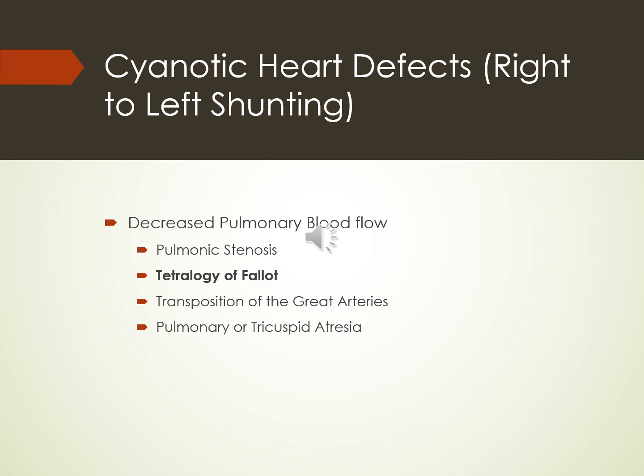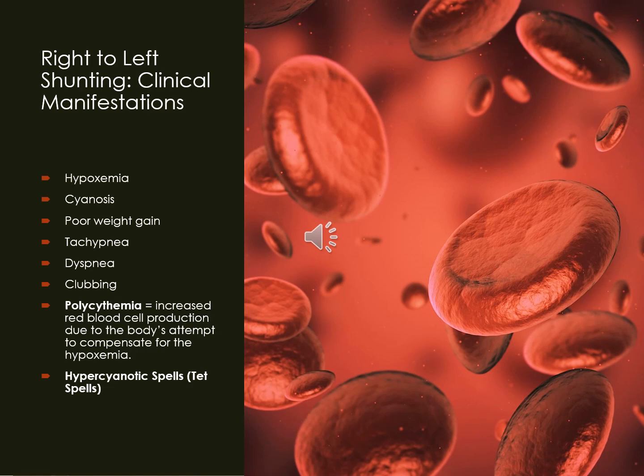Then you can also have pulmonary or tricuspid atresia. With this, there's a failure of the tricuspid valve to develop. Some clinical manifestations with this right to left shunting that you will see are hypoxemia, cyanosis, poor weight gain, tachypnea, dyspnea, clubbing.